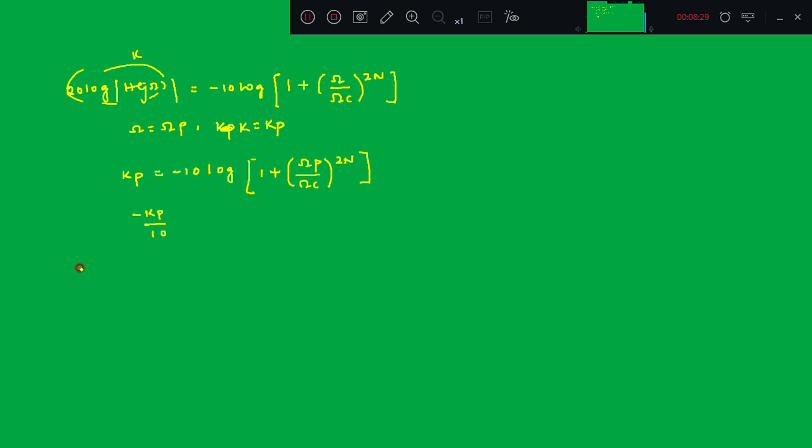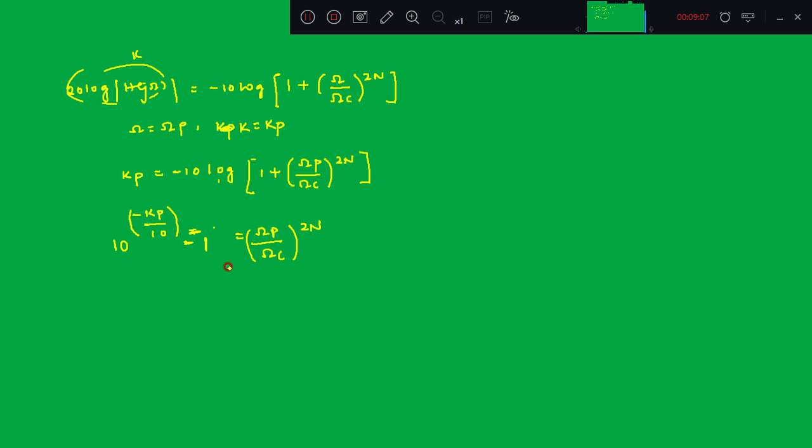If I take the log this side, it becomes antilog, that is 10 raised to minus kp by 10. Then if I take 1 this side, this becomes minus 1, that is equal to (ωp/ωc) raised to 2n. Is that clear?